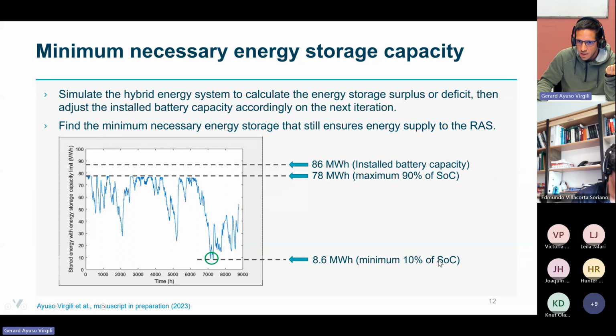We would either break this condition and supply the RAS with energy at a lower state of charge, or we would keep this and then not be able to supply energy to the RAS. So this is what I mean when I say that we need to find the minimum amount of energy storage required for a specific hybrid, which in this case was 1 megawatt wind and 0.75 megawatt solar.